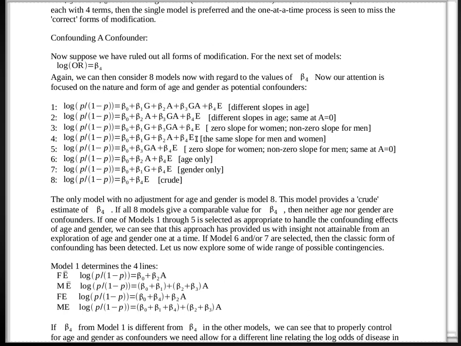But one needs to know that there are implicit assumptions involved in the use of an additive model. Everything in Model 4 requires the terminology assumed common. Let's take a moment for this. So beta 4 captures the log odds ratio, assumed common to age and gender. But now notice that the slope, beta 2, applies to both the men and the women.